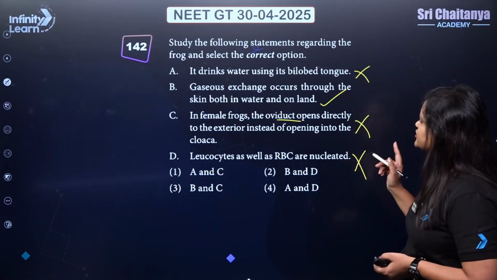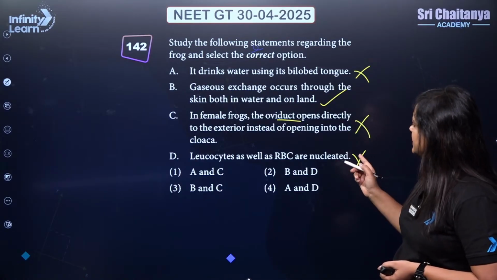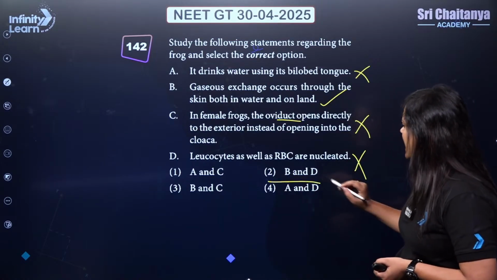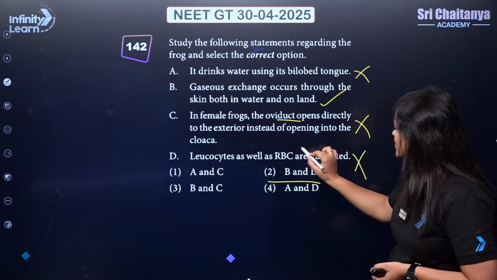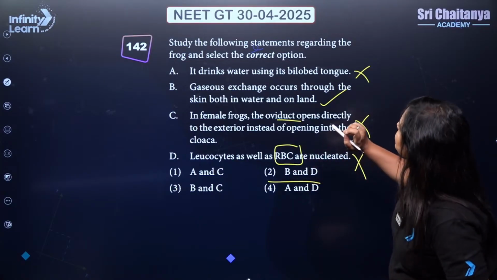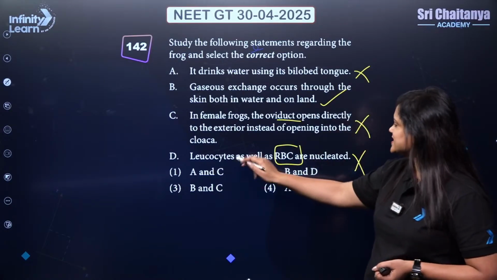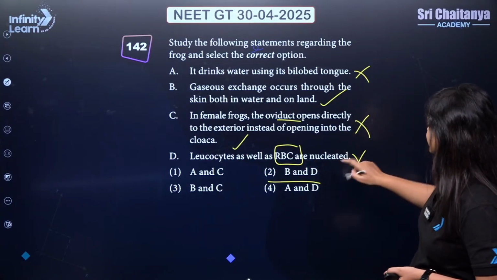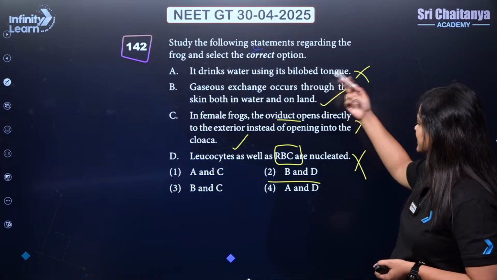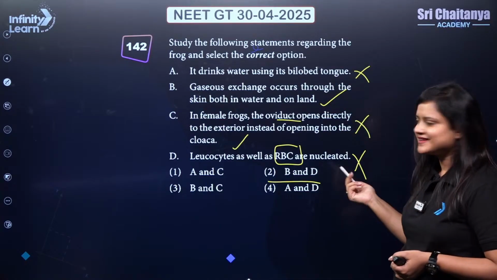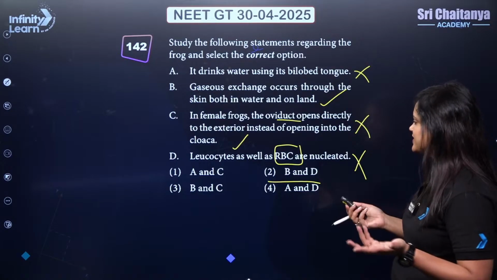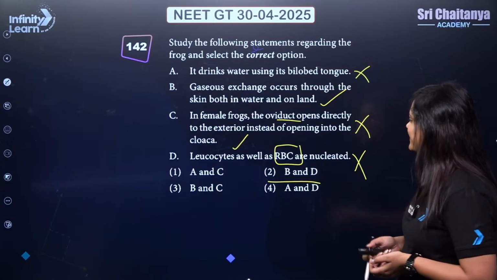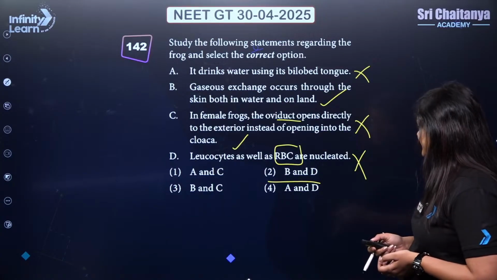So correct option given here will be 2, B and D. So we know that the leukocytes are nucleated but RBCs are not. Okay, and we need to find out the correct option anyways. Okay, so we have this option only for now, that is 2, right?